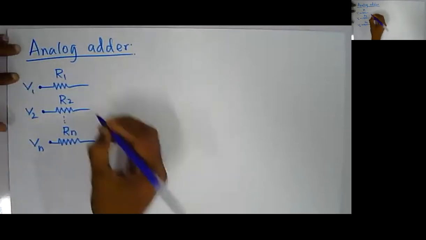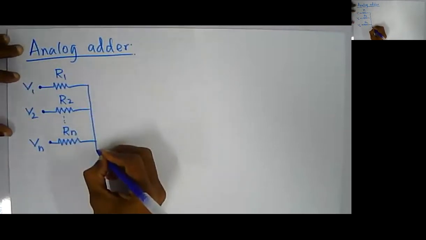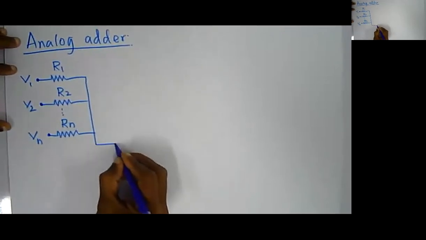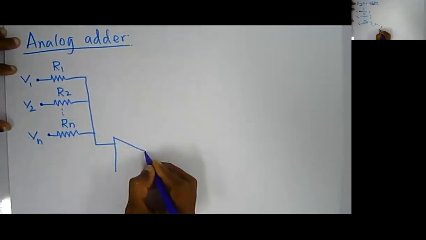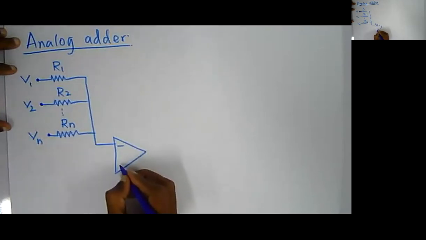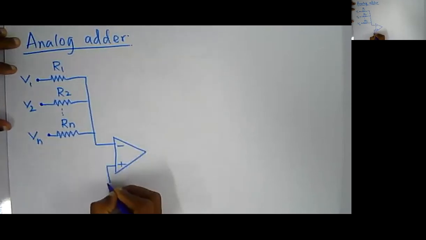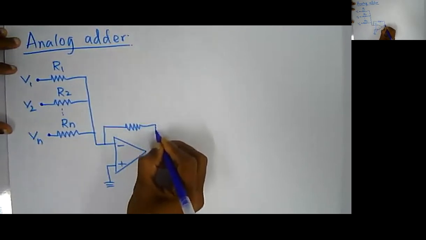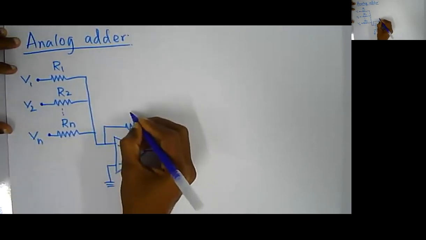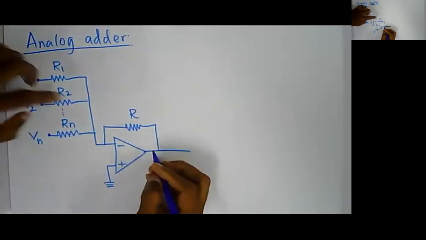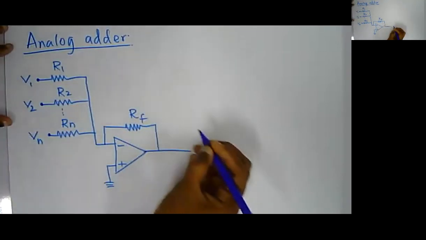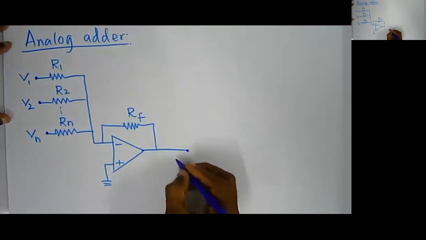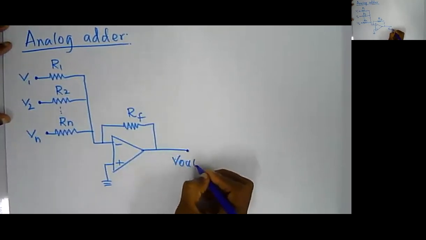I have a sequence of resistances and I'm just connecting them together, then giving it to an operational amplifier, to the inverting terminal, with plus connected to ground, and then I have a feedback resistance, let's make it RF, since it is a feedback resistance. This is my V out.